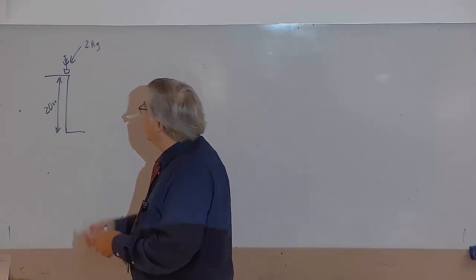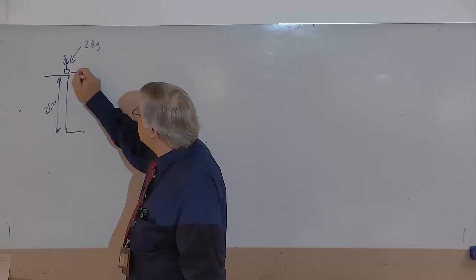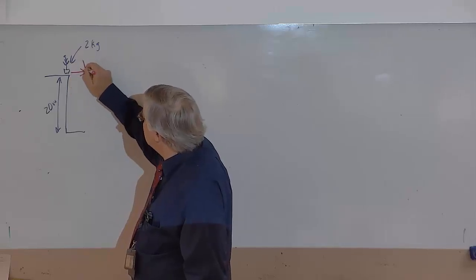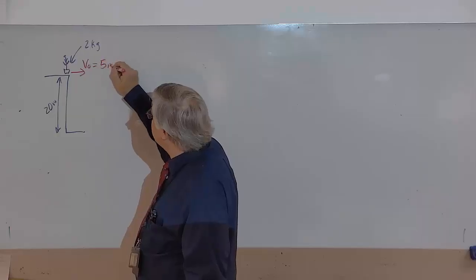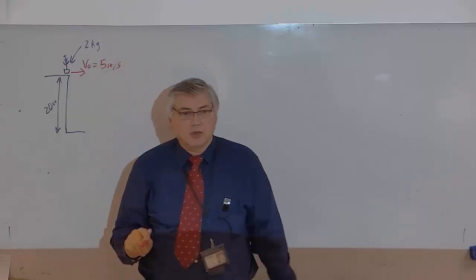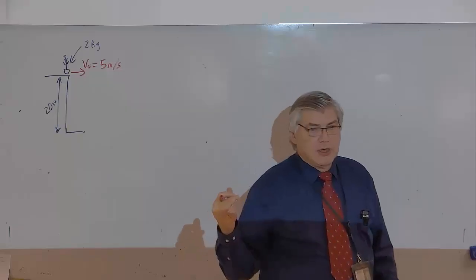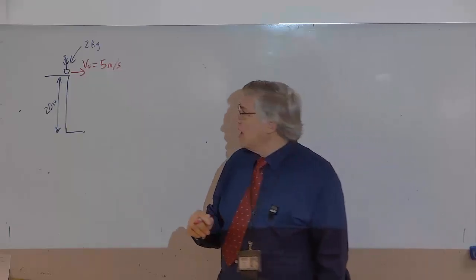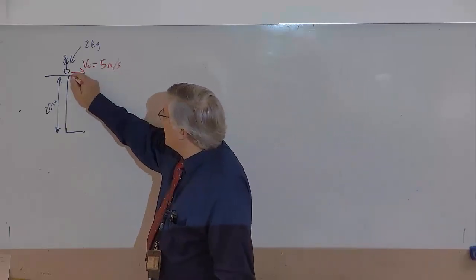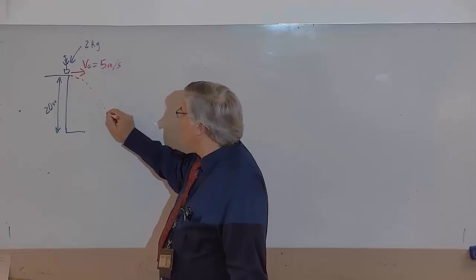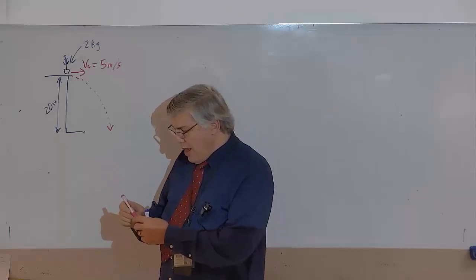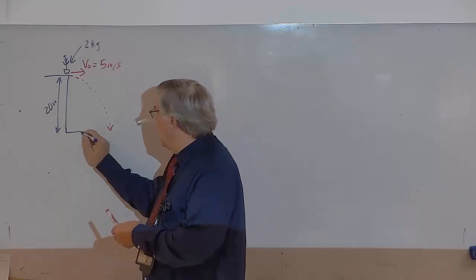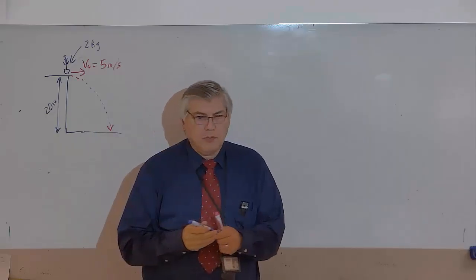And this flower pot, let's suppose that it has an initial velocity, V naught, of 5 meters per second in the horizontal direction. Okay? So it's going off in the horizontal direction. And we know what's going to happen. It's going to follow a parabolic course, and it's going to hit the ground somewhere at some distance away from the ledge.